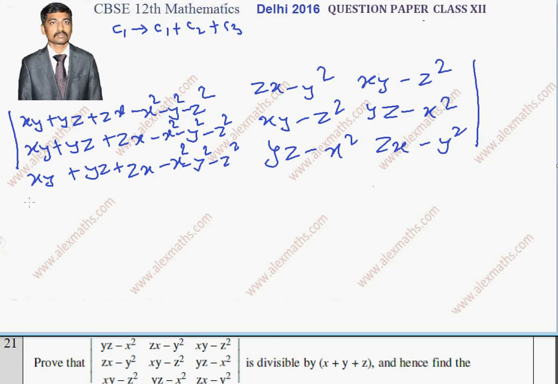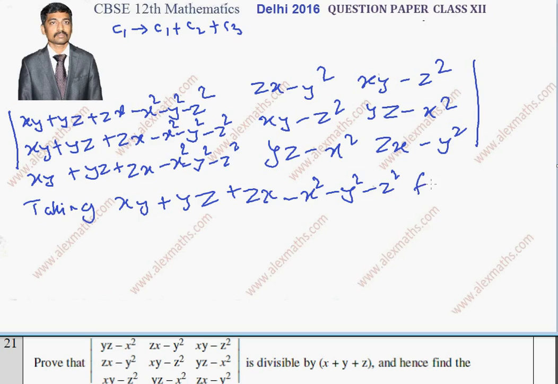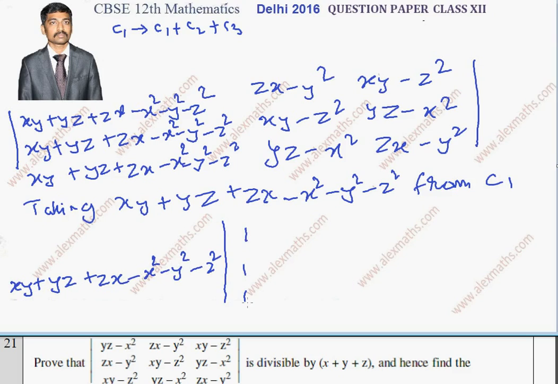Okay. Now taking xy plus yz plus zx minus x square minus y square minus z square common from column 1, the remaining will be 1 1 1.